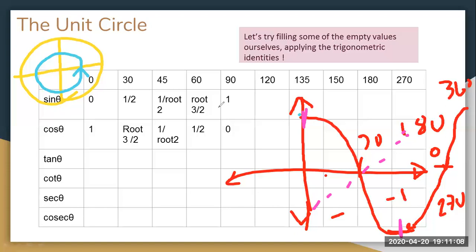So if cosine of 90 minus theta equals negative cosine of 90 plus theta, we can tell that from the graph.